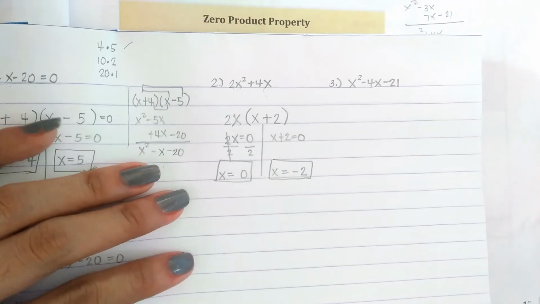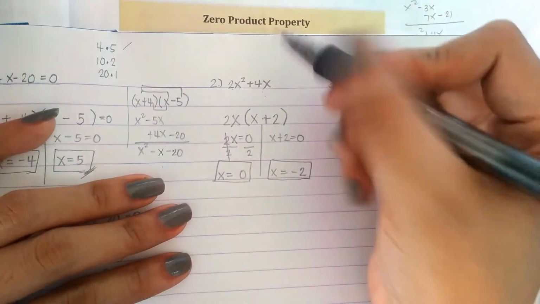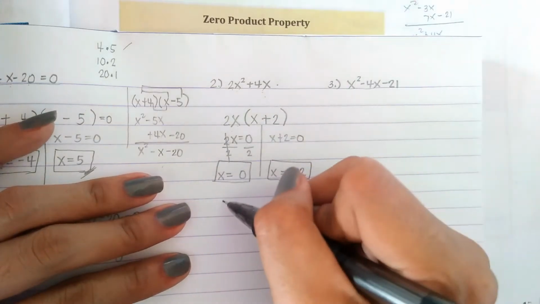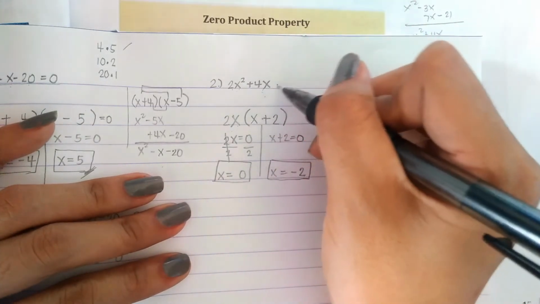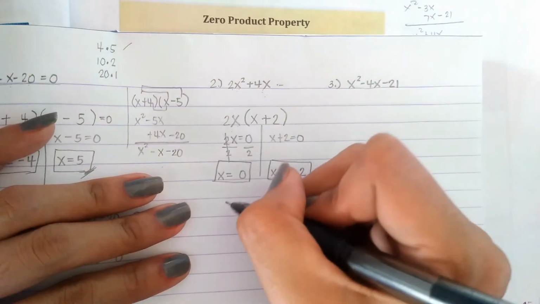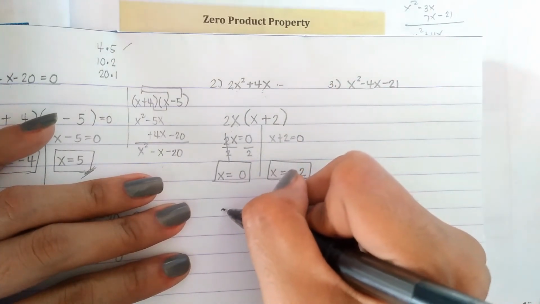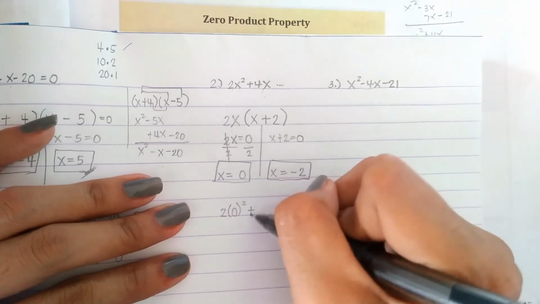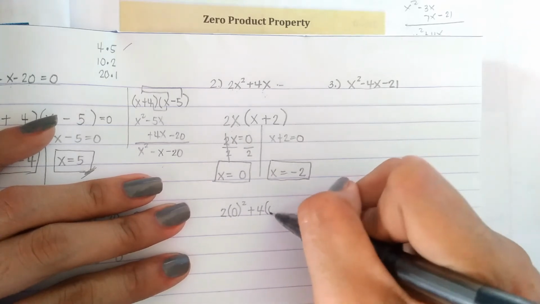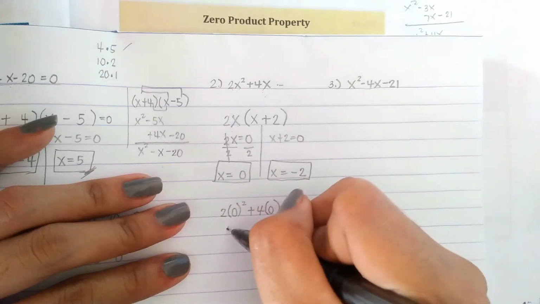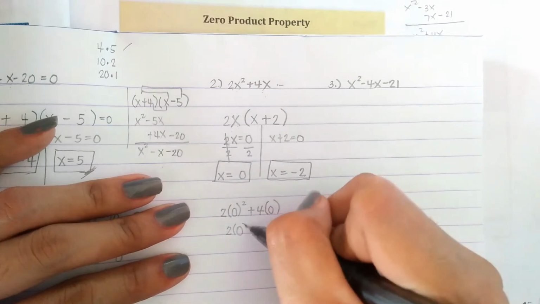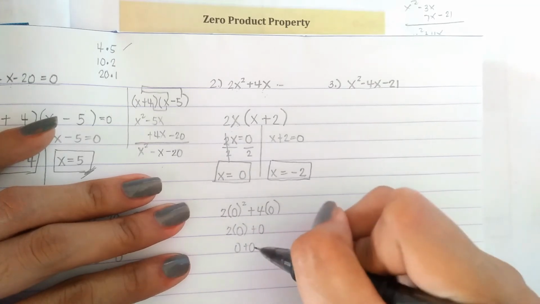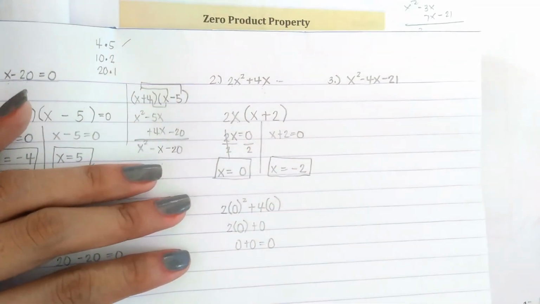Okay, let's do the checking. Use again the original equation. Let's use the 0. 4 times 0 will be 0. I will be showing it to you so that you will not be confused. So 0 plus 0, the answer is still 0. Right?